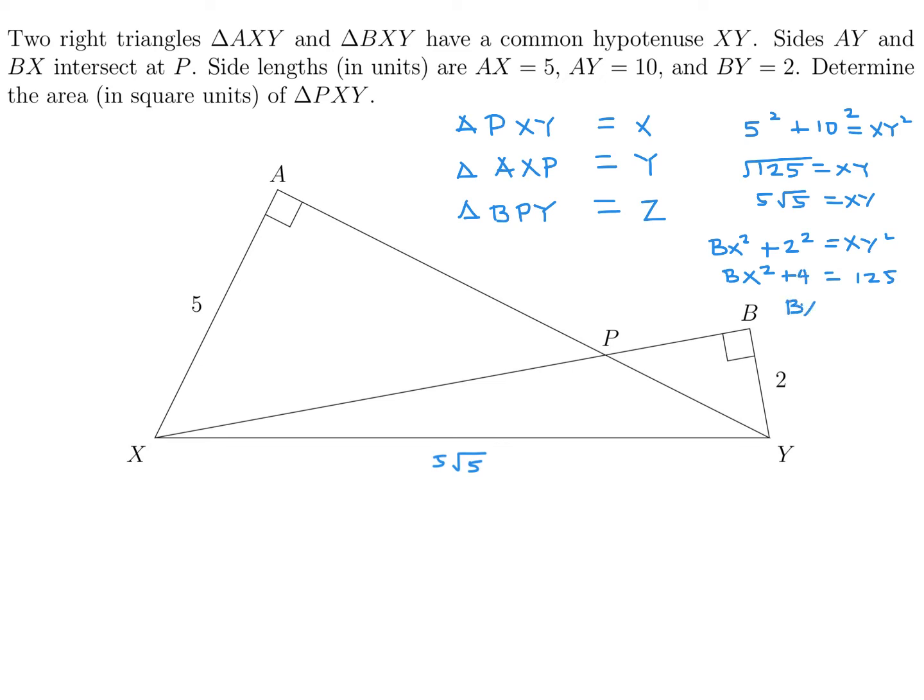So therefore, BX would be square root of 121, which is 11. Okay, that's great. Got a nice integer there. So BX is 11. So I guess we'll just put that in here, 11, all the way from B to X. Okay, so now we can utilize these right triangles. That'll be very helpful for us. The first right triangle, which I'll say, which one do we want to talk about here?